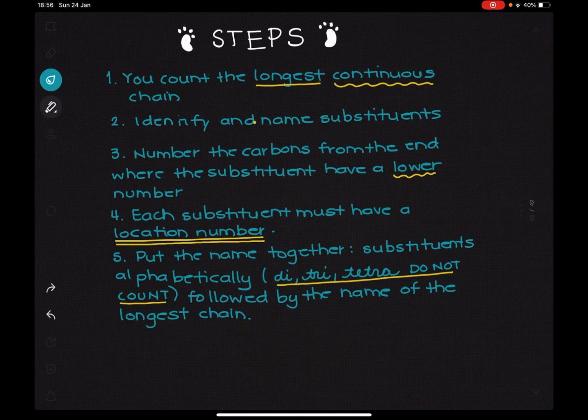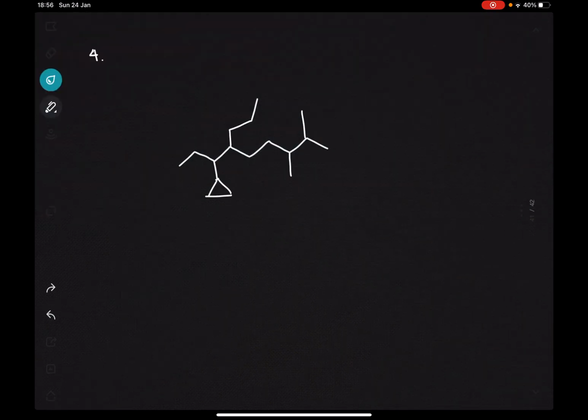So let's do a last one and see if we can follow those steps. In this one, I think I see that my longest carbon chain is this one, right? I have 1, 2, 3, 4, 5, 6, 7, 8, 9. I have nonane.